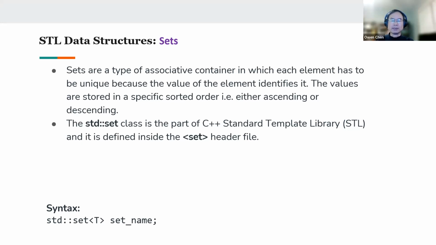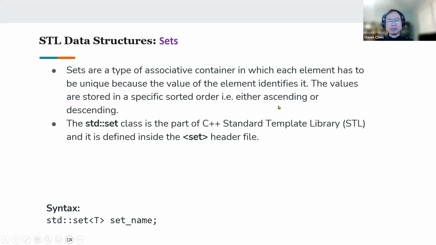If it's greater, put it on the right; if less, put it on the left. If it's the same, then you just replace it or don't do anything. That's how it gets the distinct values.